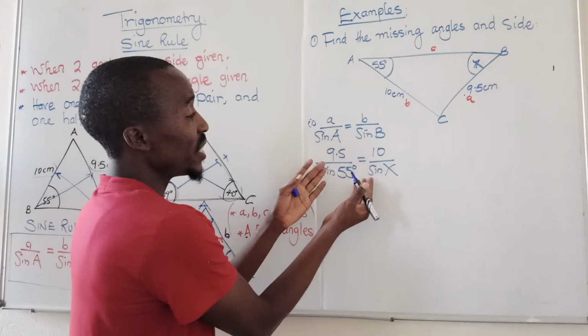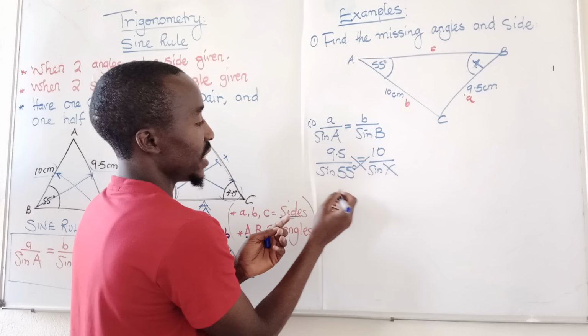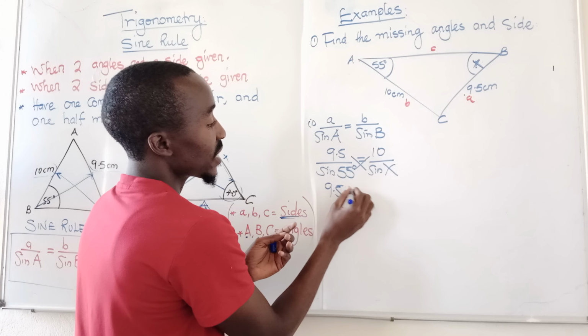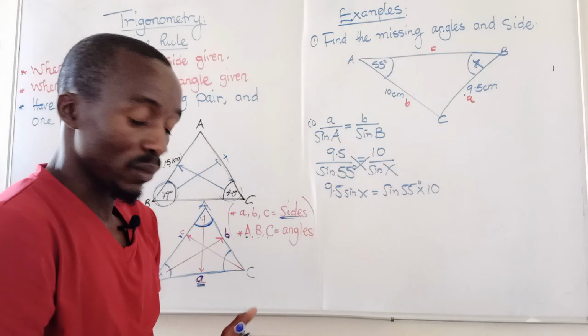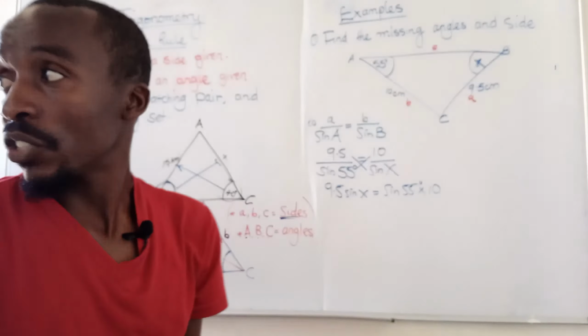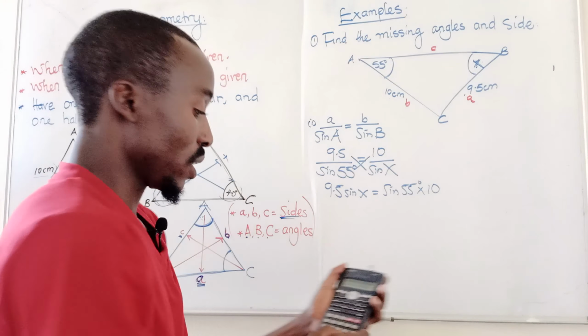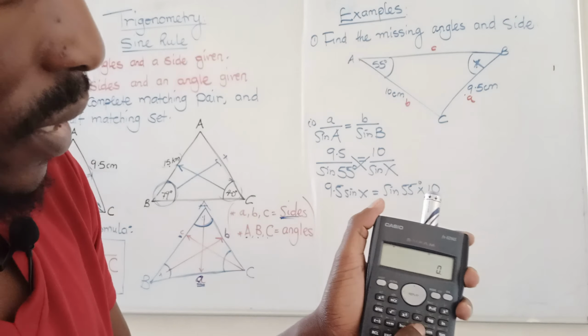So when you reach here, what do you do? You cross multiply. So this will be 9.5 times sine X, so 9.5 sine X equals sine 55 times 10. Hope that you have followed what we have done there. Now from here we work out sine 55.